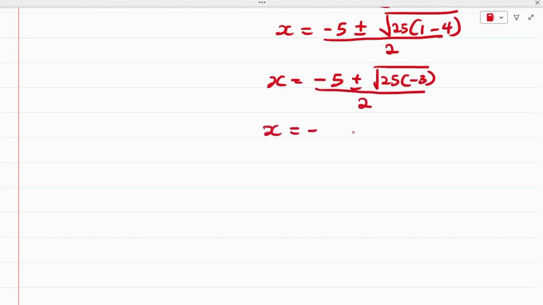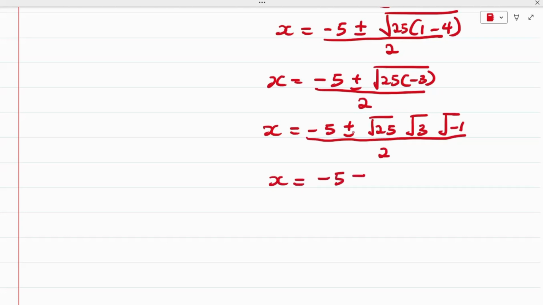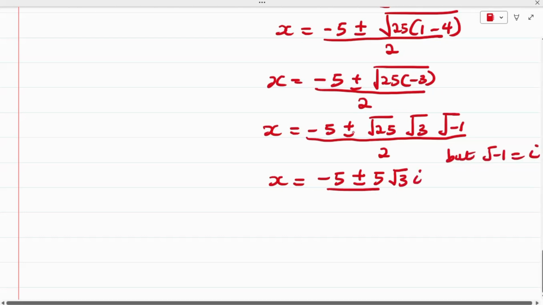So x is equal to minus 5 plus or minus the root of 25, multiply the root of 3, multiply the root of negative 1, over 2. The root of 25 is 5, multiply the root of 3, but the root of negative 1 is equal to i, so we have this to be i over 2.